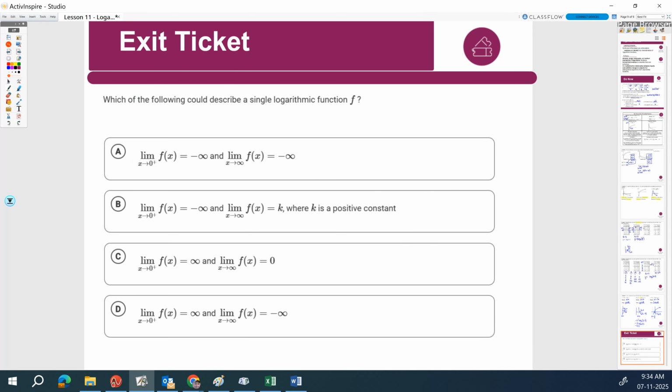Alright, let's have a look. So which of the following could describe a single logarithmic function? It can't be the first one because it goes to negative infinity twice. We can't do that. I'm looking at C, because we can't have a horizontal asymptote going towards 0.